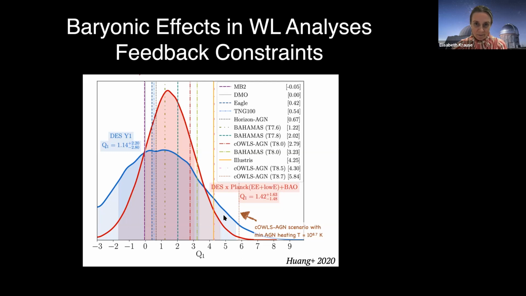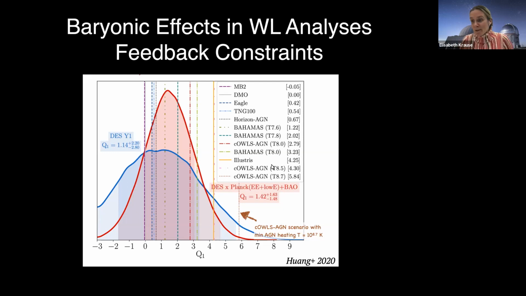Basically, the Cosmo-OWLS AGN scenario with AGN heating of 10 to the 8.7 Kelvin, clearly excessive, is inconsistent with this data, even with conservative priors. And similarly, Illustris and the next highest Cosmo-OWLS AGN temperature are also in the tails of this distribution.